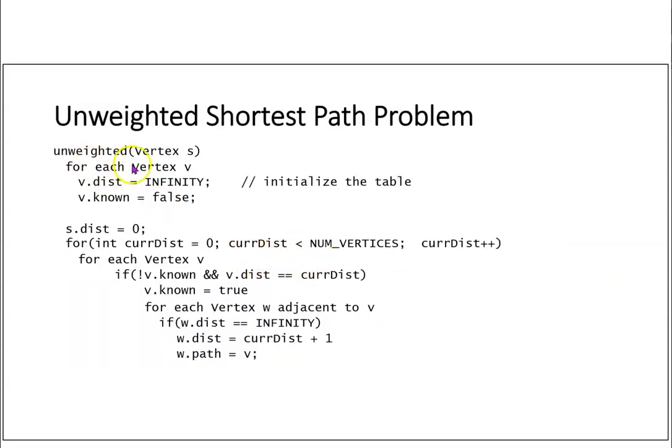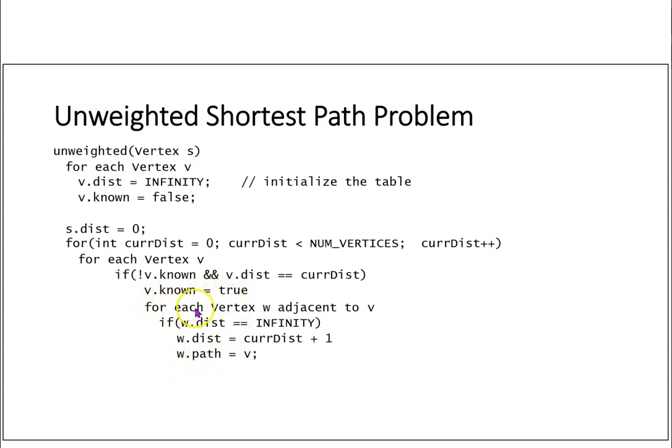First we're going to set up the table. I'm going to set the distance to infinity, and known to false. We're going to loop over the current distance from 0 to the number of vertices, and for each vertex, if it's not known, in other words, we haven't visited it, and its distance equals the current distance, then known equals true.